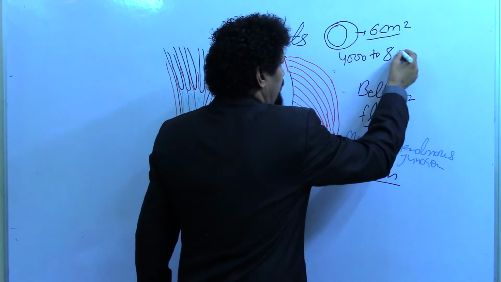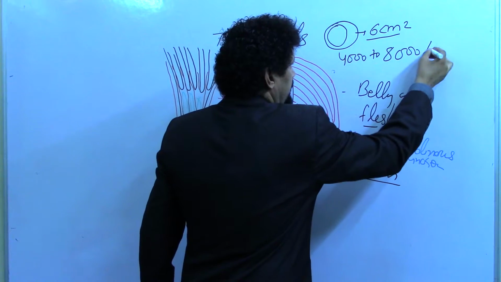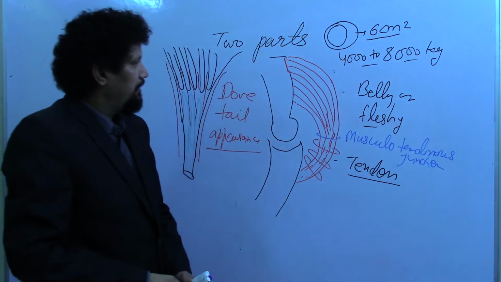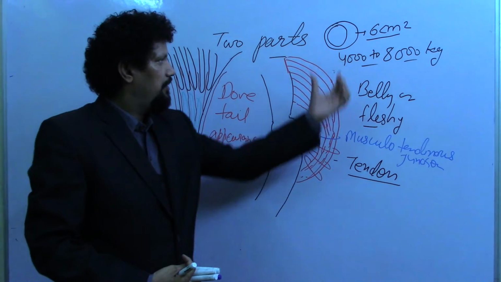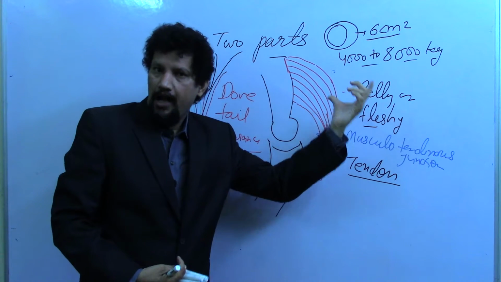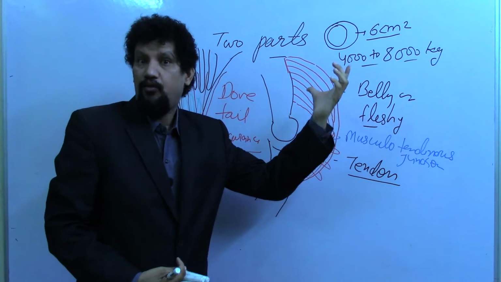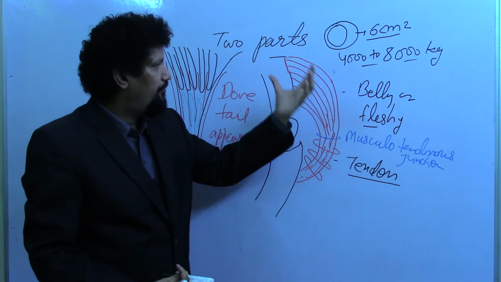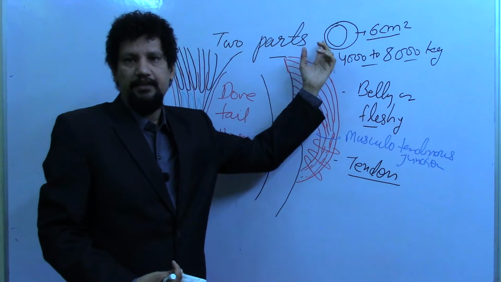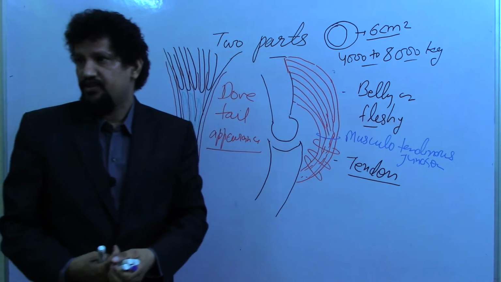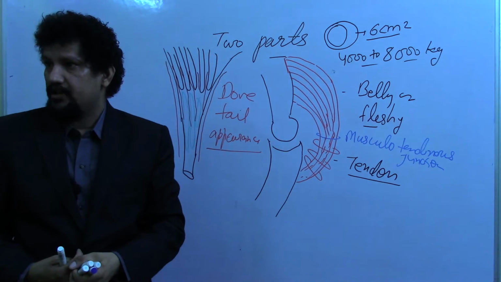So it is a very strong structure, and it can bear 4,000 to 6,000 kilograms of weight if it is having 6 centimeter square of surface area in transverse section.